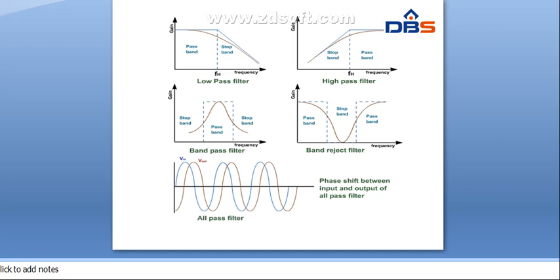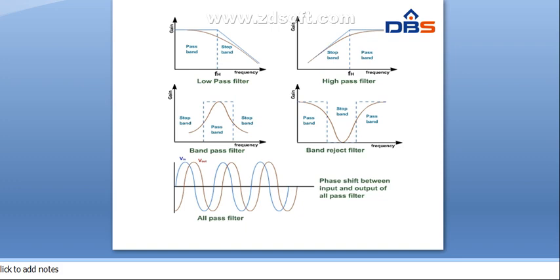The active filters' response is very good compared to passive filters. The design procedure is also simpler than for passive filters. Now see the ideal and practical frequency response of the filters.